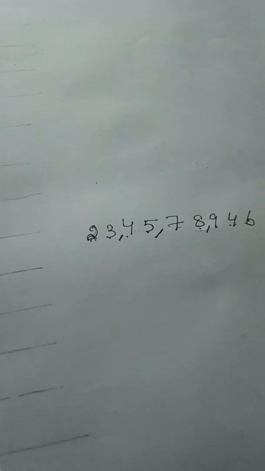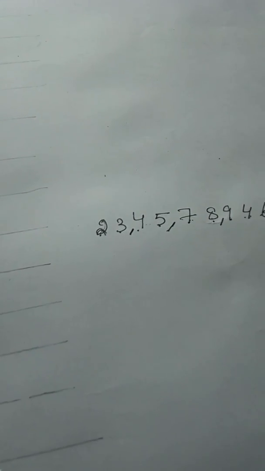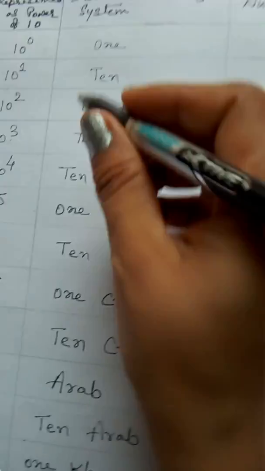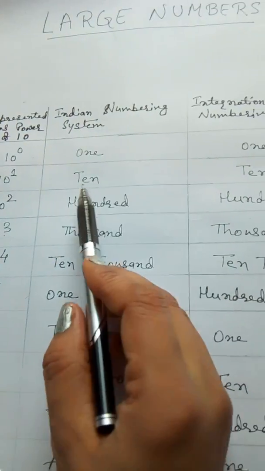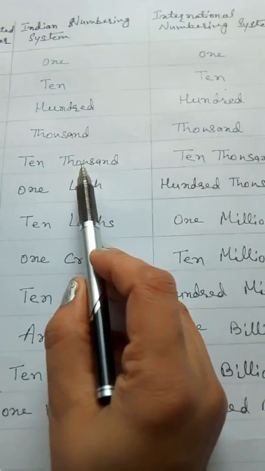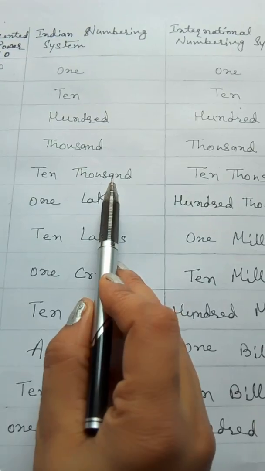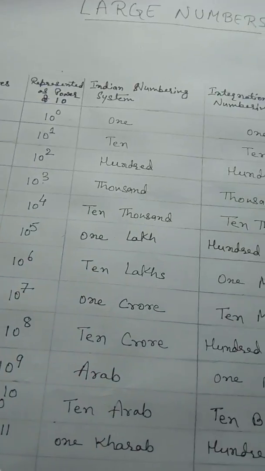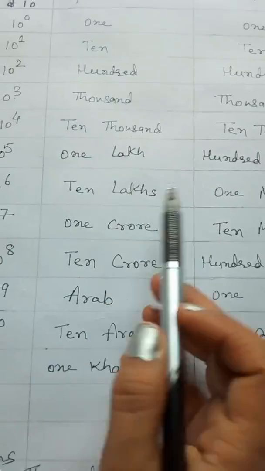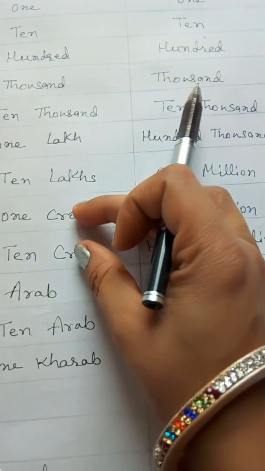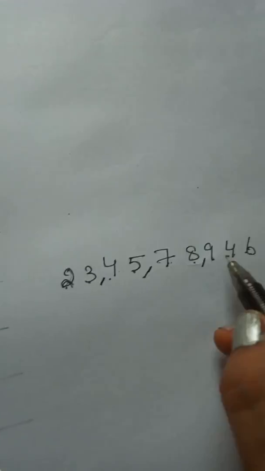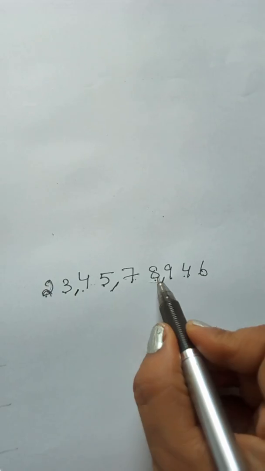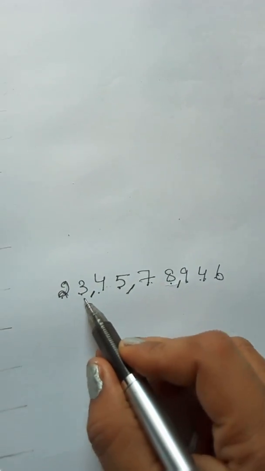Because after hundreds, the number name changes every two places. According to the Indian numbering system, after hundreds it becomes thousands and ten thousands, two places. After thousands it becomes lakh, 1 lakh and 10 lakh, two places, then crore, two places, then Arab, two places, and then it becomes Kharab. That's why after hundreds we put commas after every two places.